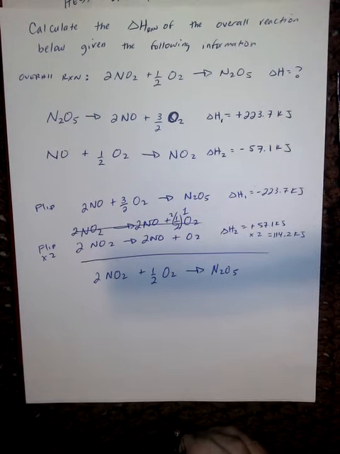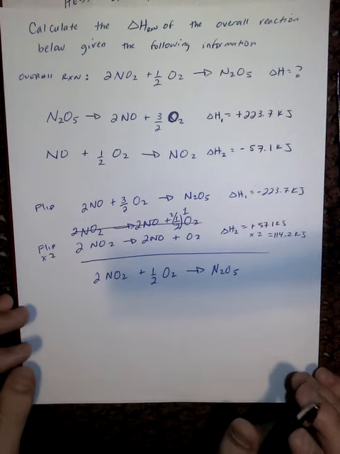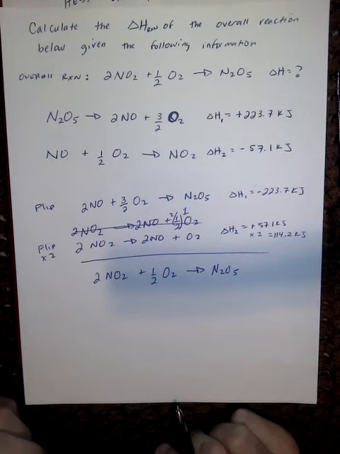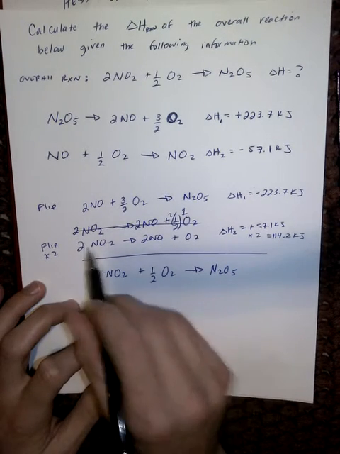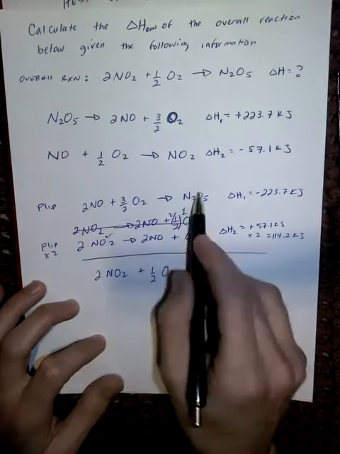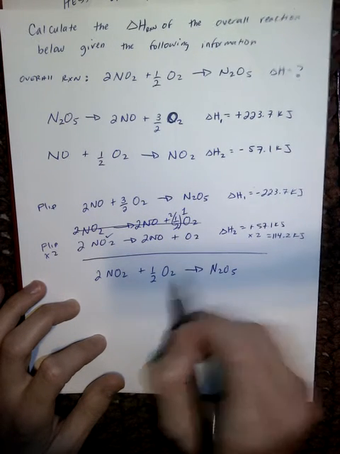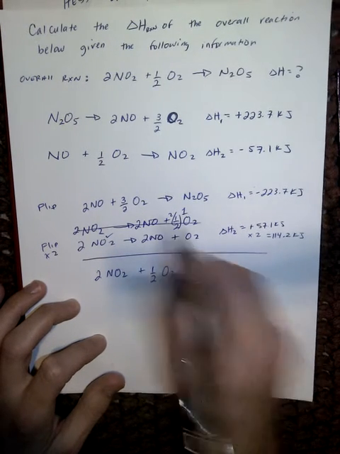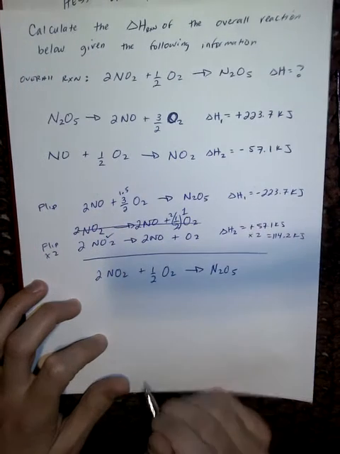Okay? Alright, so let's see if we have everything we want in our overall, and see if we cancel everything, or we'll have to change something, right? So I want 2 moles of NO as a reactant. I got it right there. It's not canceling with anything in the first step, so I'm good. Alright, half a mole of O2. I have 1 mole in the product and 3/4, or the same thing as 1.5, in the reactant.